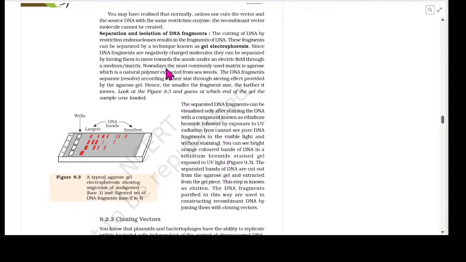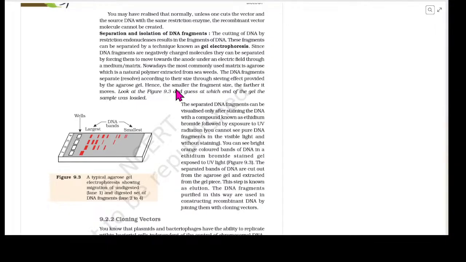Nowadays, the most commonly used matrix is agarose, which is a natural polymer extracted from seaweeds. The DNA fragments separate or resolve according to their size through sieving effect provided by the agarose gel. Hence, the smaller the fragment size, the further it moves.